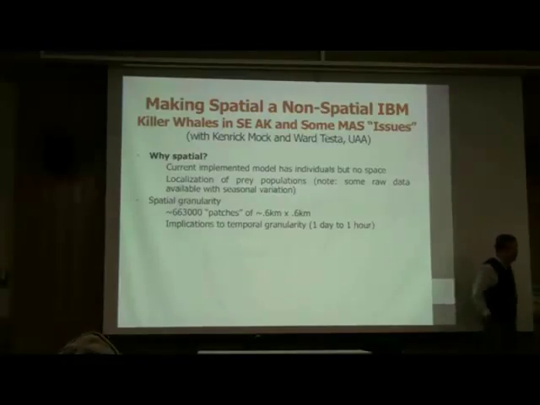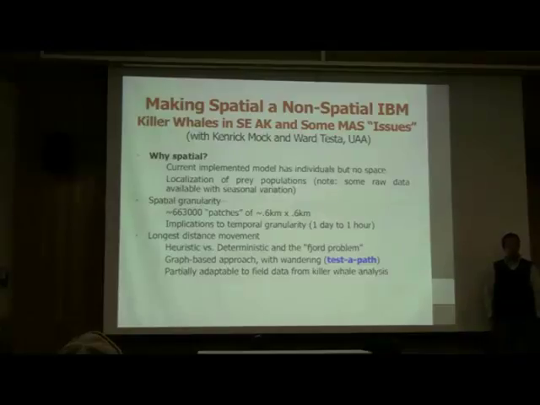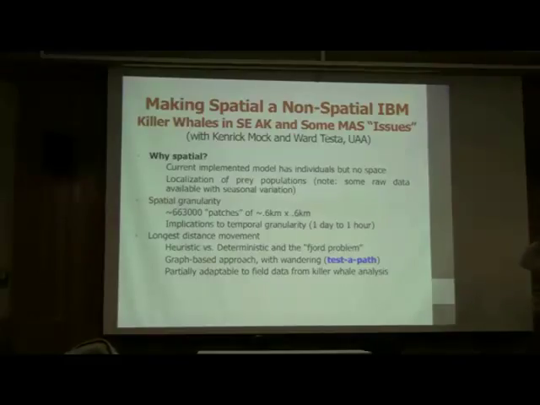So here are some of the issues that we faced. Another issue was long-distance movement. Suppose a whale is in one location and decides, for whatever algorithmic reason, that it needs to get someplace else. How does it actually get there? Well, at one level you don't want it deterministic.